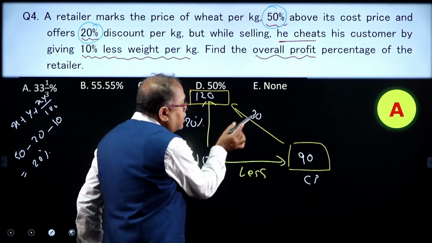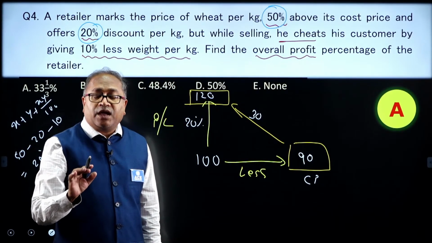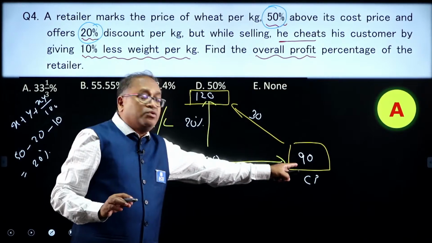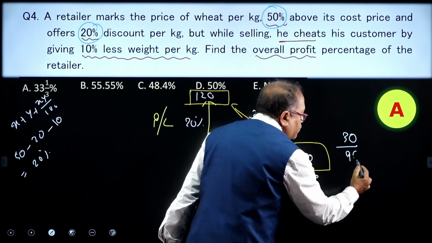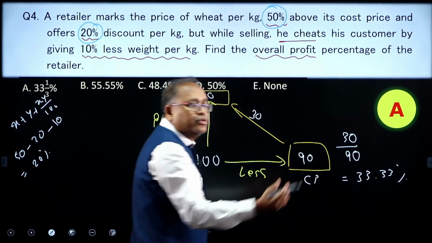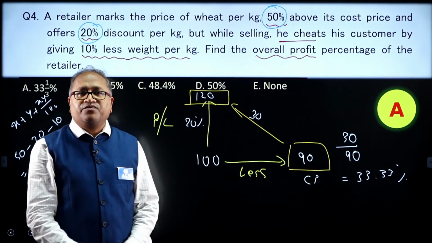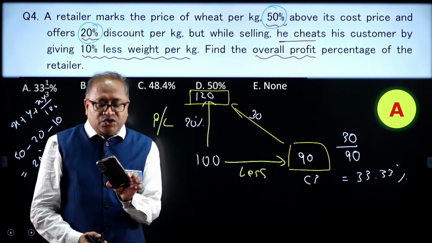Profit is 120 minus 90, that is 30. And what is the profit percentage? The profit is 30 over cost price 90, which is 1 by 3, that is 33.33 percent. Rightly answered, my dear friend. I hope if questions like this come, you will be able to answer them.